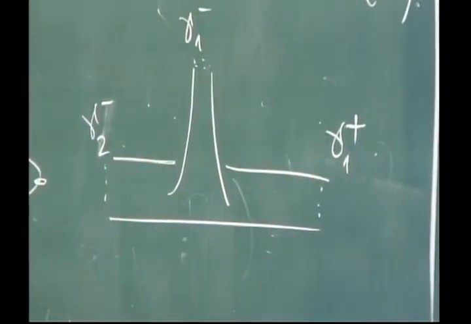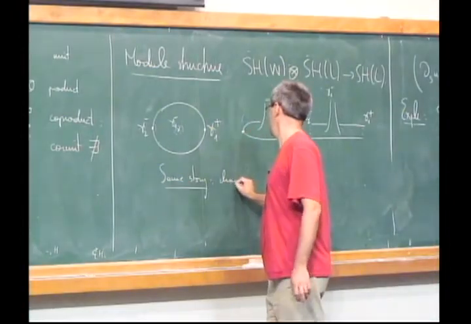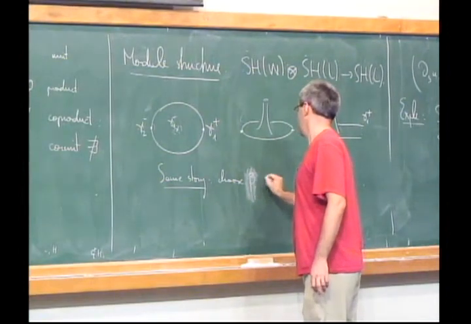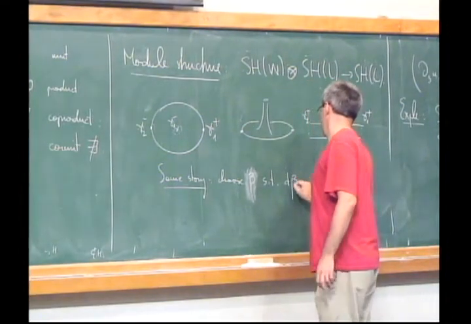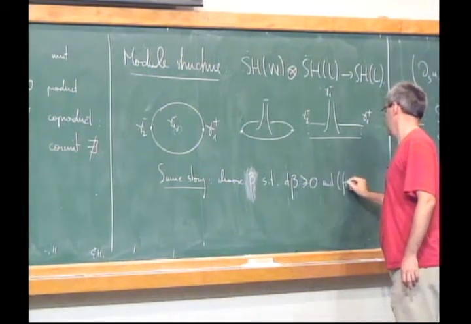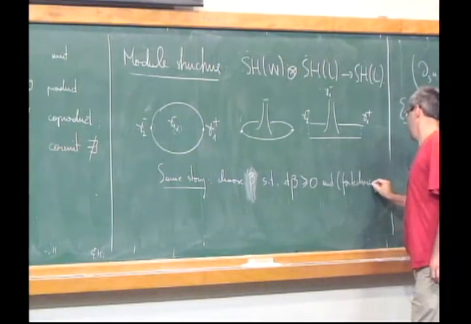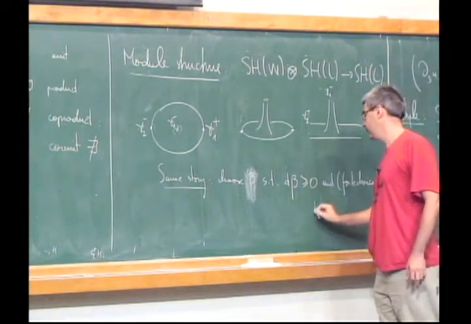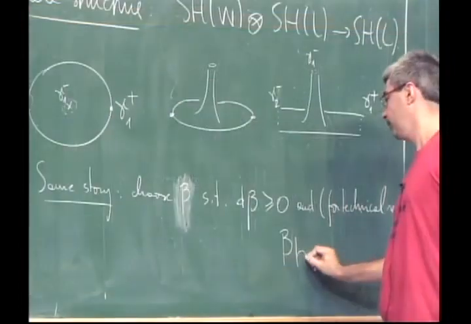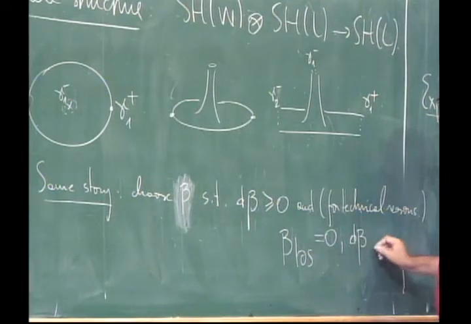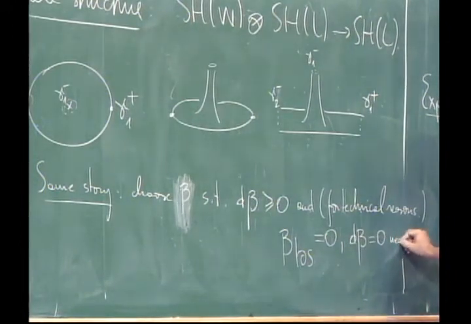same story, right? Choose beta such that d beta is positive or non-negative, and for technical reasons, you want that beta vanishes on the boundary, and d beta is 0 near the boundary of the surface.